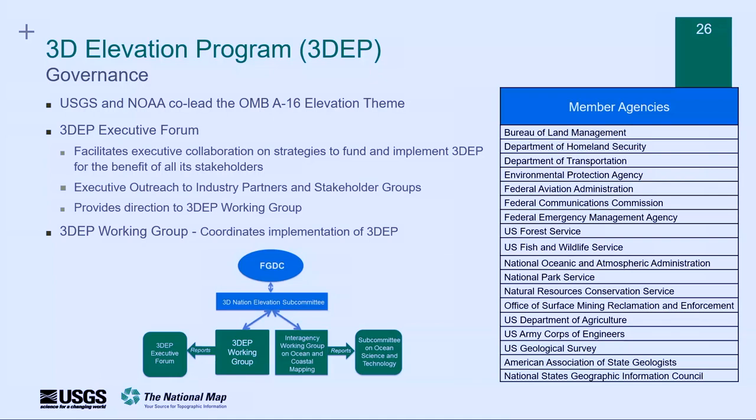The Executive Forum provides strategic direction and oversight to 3DEP, and the 3DEP Working Group is really where the coordination, planning, and implementation of 3DEP data acquisition takes place. The 3DEP Working Group coordinates with the Interagency Working Group on Ocean and Coastal Mapping and the 3D Nation Elevation Subcommittee of the FGDC to ensure that plans and strategies are well integrated across the different agencies.